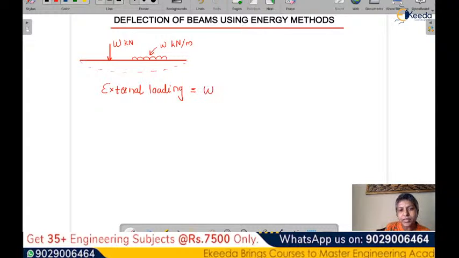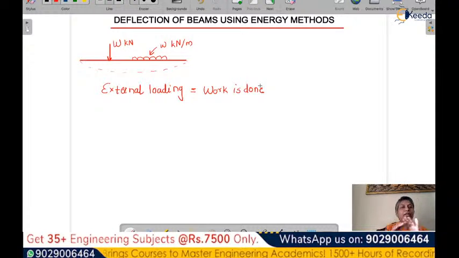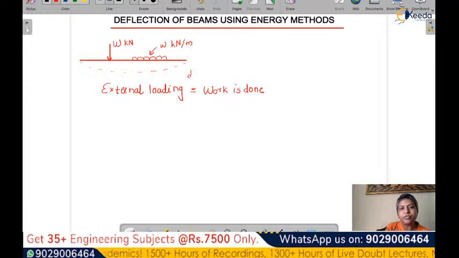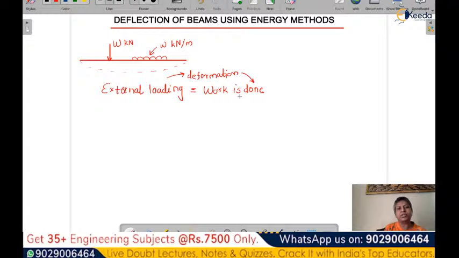Work is done, so that is one stage. So what I said, when any beam is there, when some load is acting on it and it goes under some deformation, then we call it as work is done. So this is a process, because of the external loading.